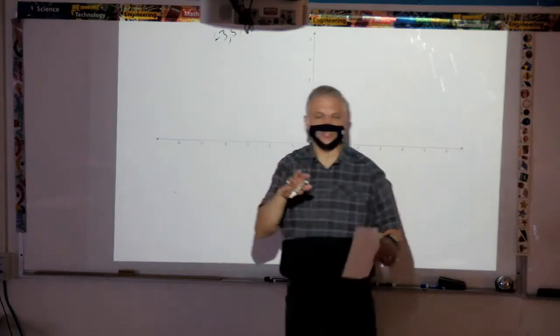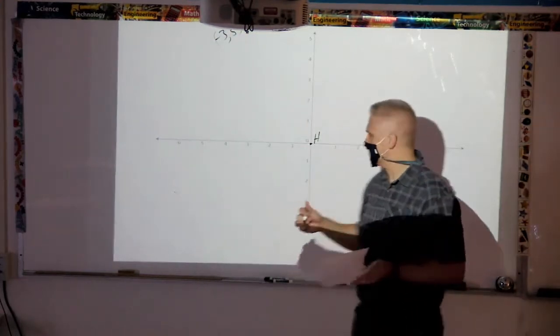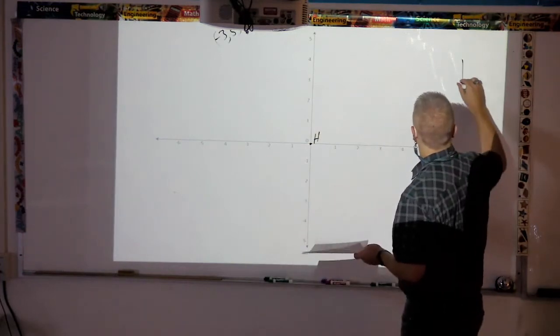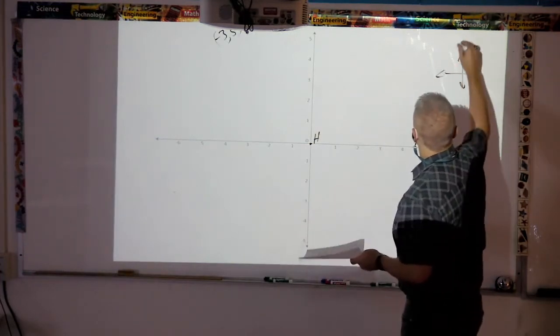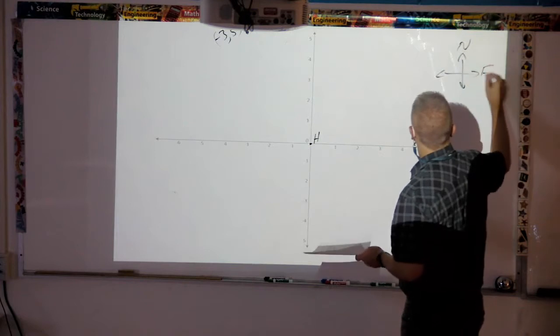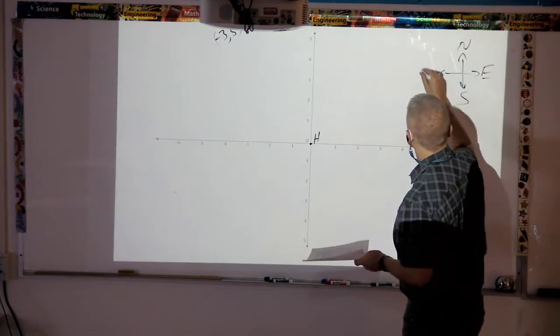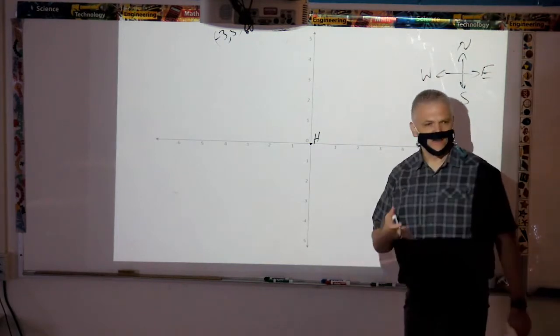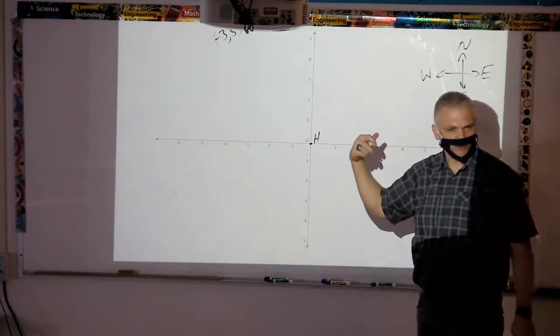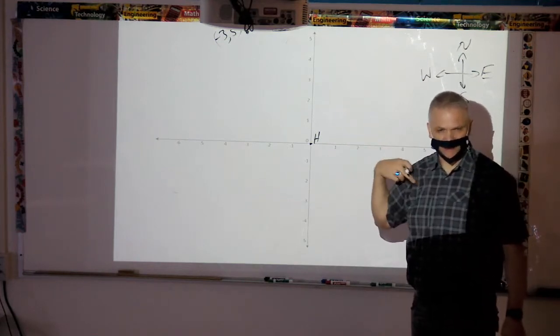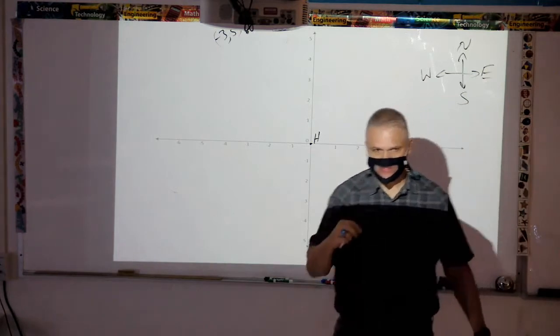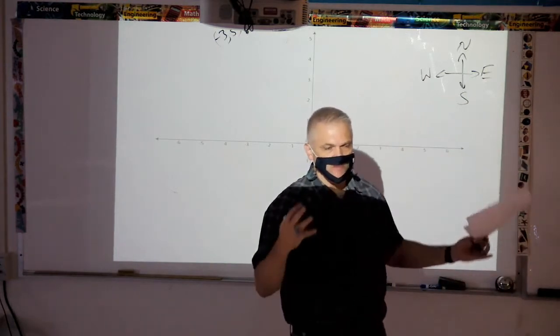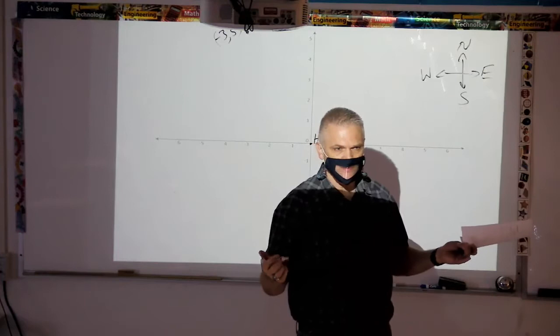Because right on your sheet, right on your instructions, it gives you the little... How did they teach you to remember the north, east, south, west? I remember how I learned it when I was in school. Did you have any mnemonic devices to remember?